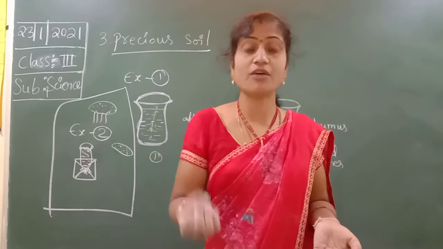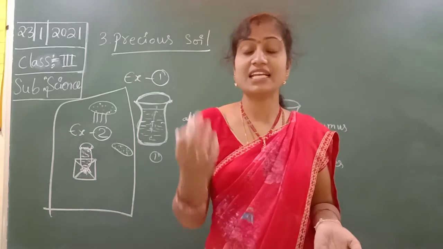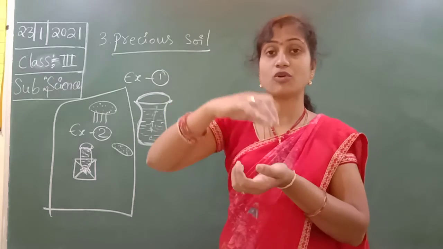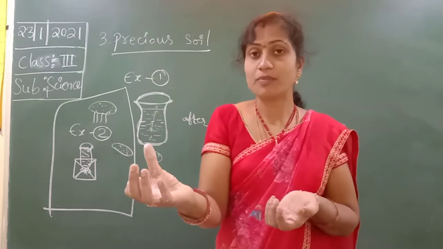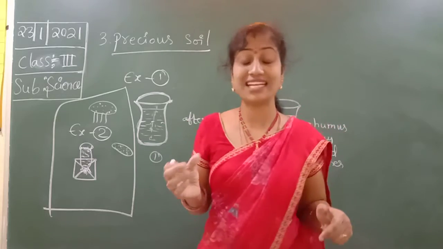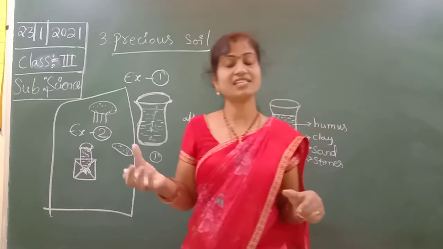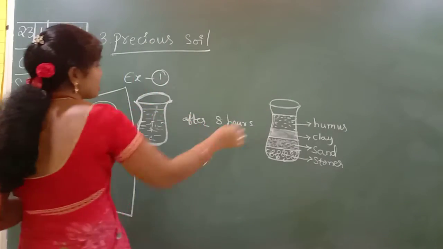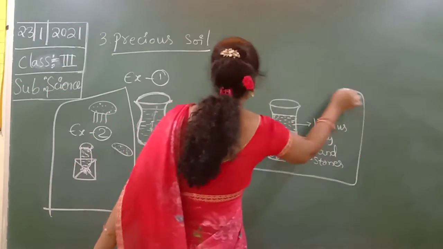Why? Because when we burn the stove, the soil inside the tin is heating. Afterwards, when we open the lid, inside the lid we get water drops. So the soil contains water. That is experiment 2.